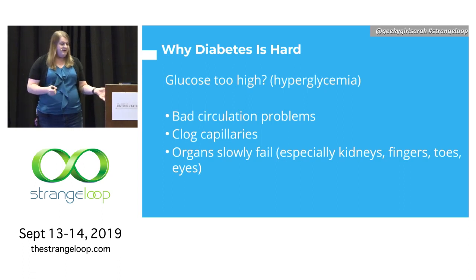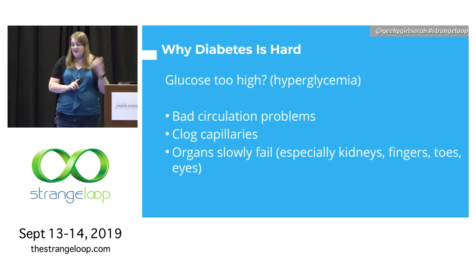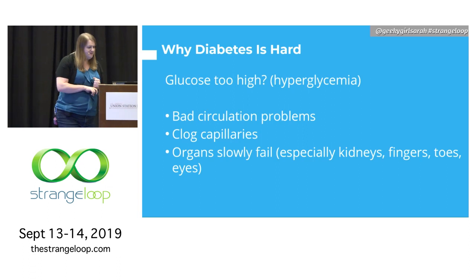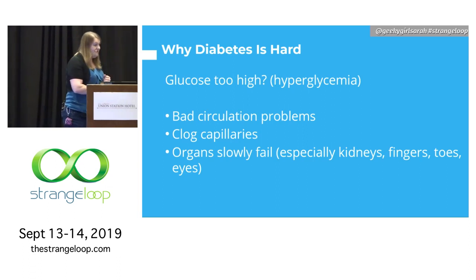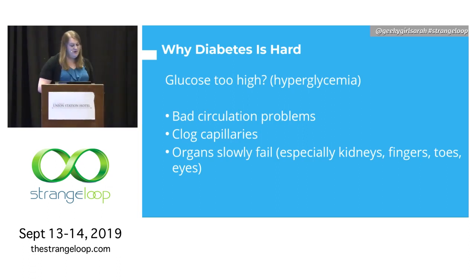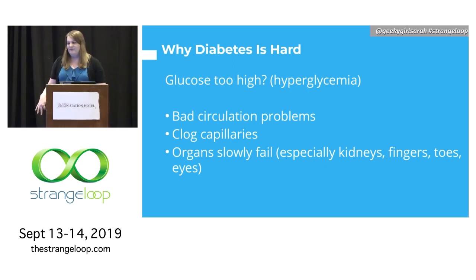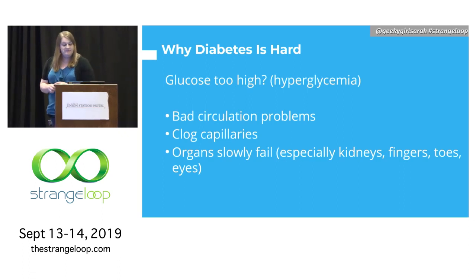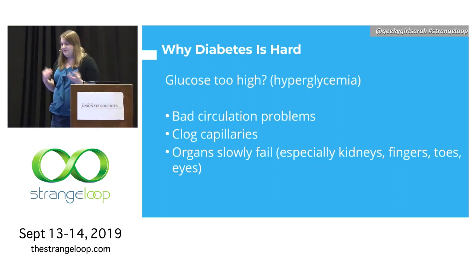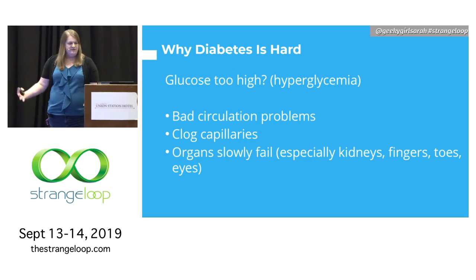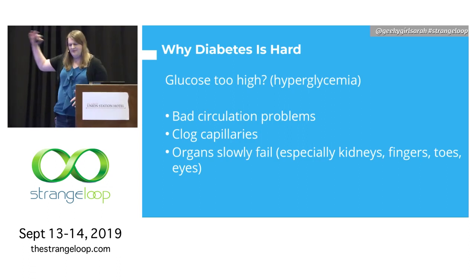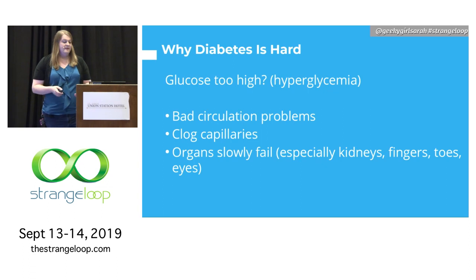Your eyes have lots of capillaries, so eyesight tends to go bad. Kidneys have a lot of these, so your kidneys start to function weird or possibly not function at all. Fingers and toes have a lot of them, so that's why there are a lot of foot problems with diabetics. Basically, slowly your organs start to fail. So we definitely don't want the sugar to go too high.